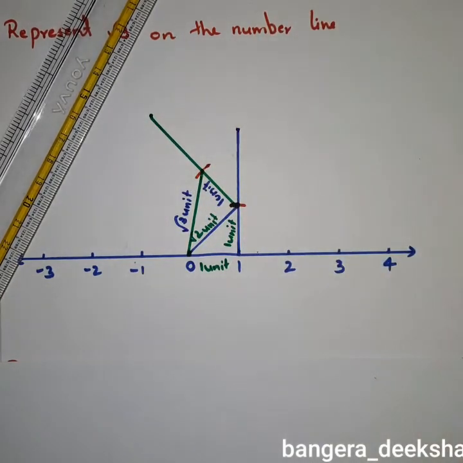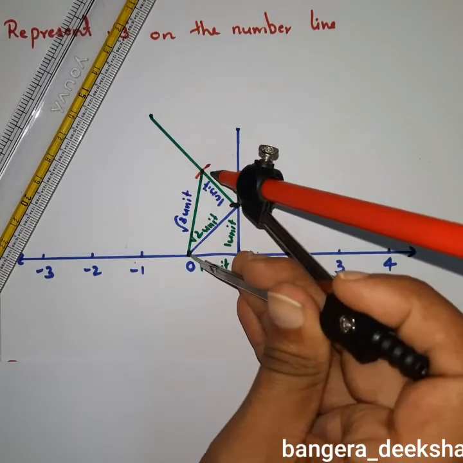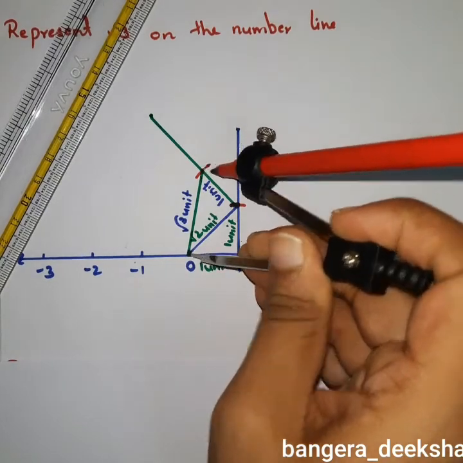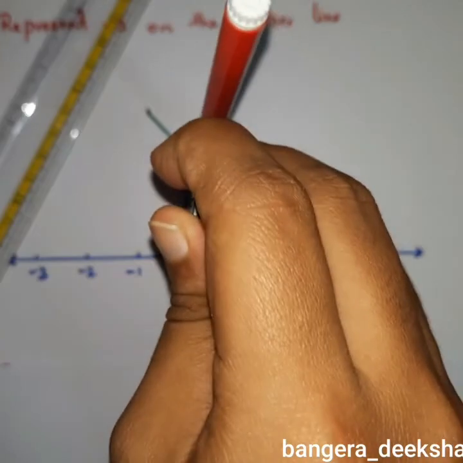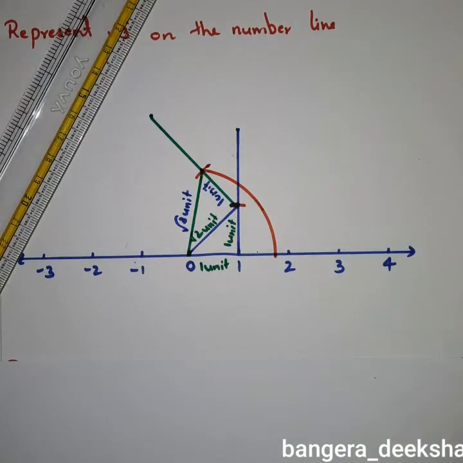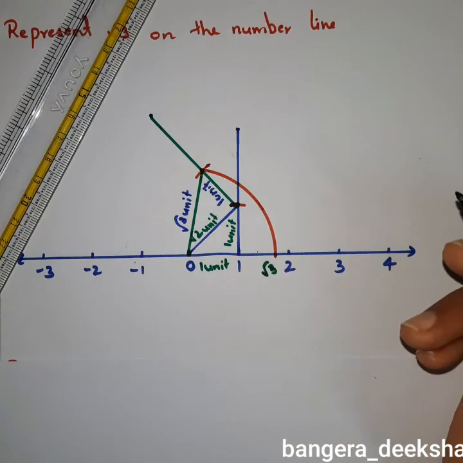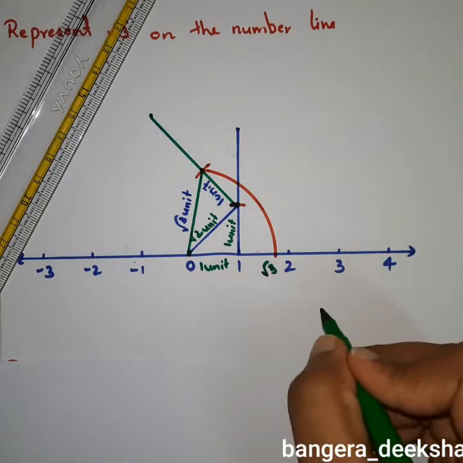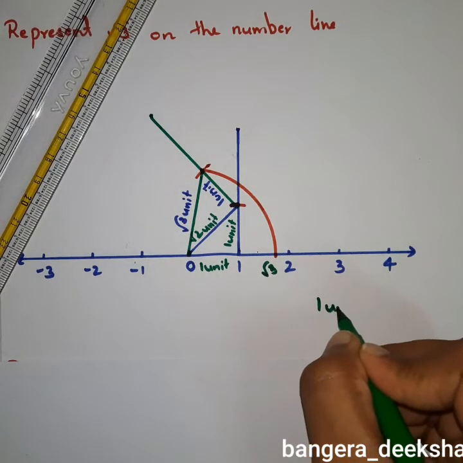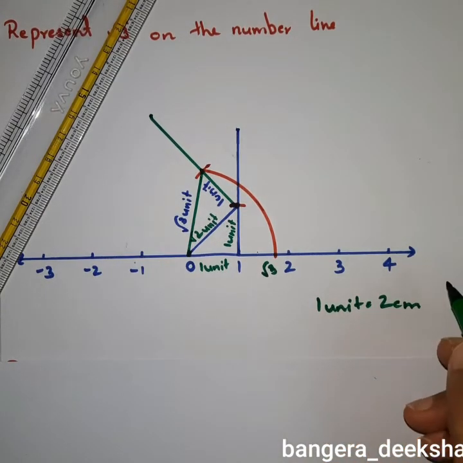Now we need to measure from 0 to the arc. When you measure that, you need to cut it on the number line. So that is going to be your root 3. You can use 1 unit is equal to 2 centimeter.